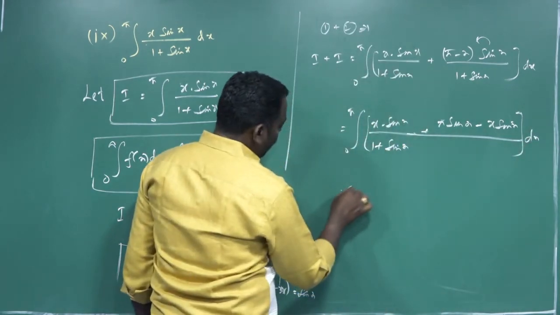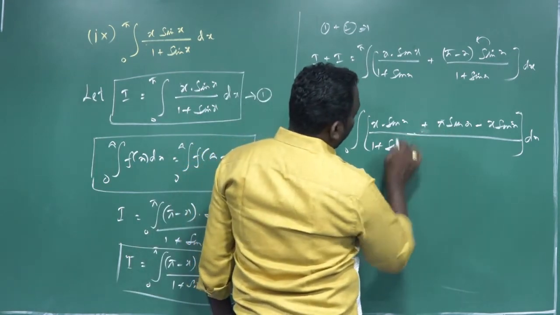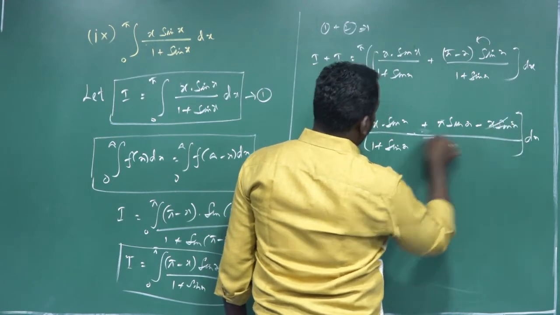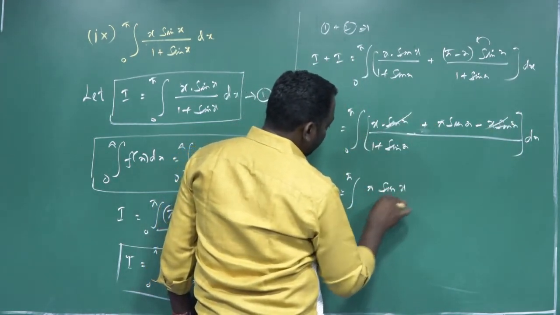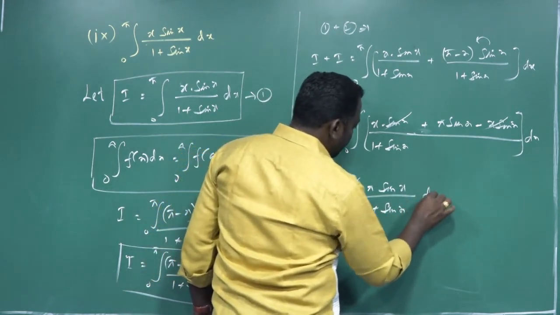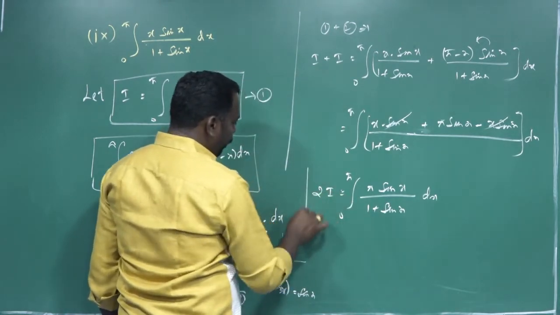That is equal to integral 0 to pi, here x sin x minus x sin x cancel, remaining pi into sin x by 1 plus sin x into dx, which is the left hand side equal to 2I.